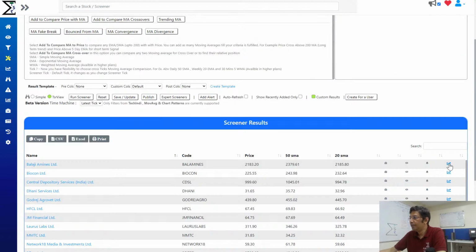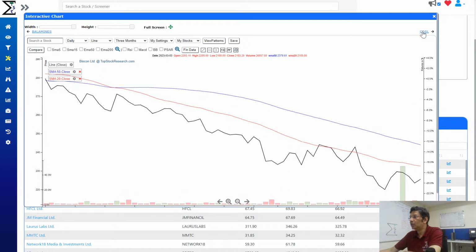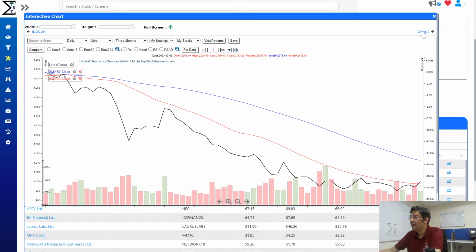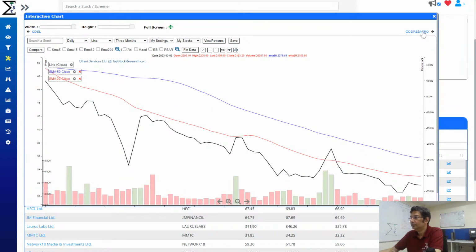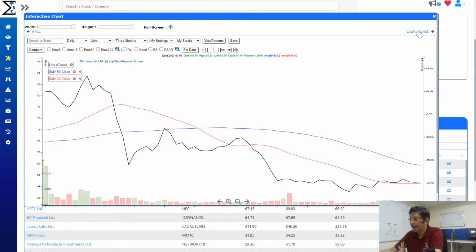Falling will be more of a bearish signal, right? Both are falling and they are converging. That means the likelihood of it going down is higher, right? Both are converging towards each other, right? So this is something that will give you an idea that there's a likelihood.